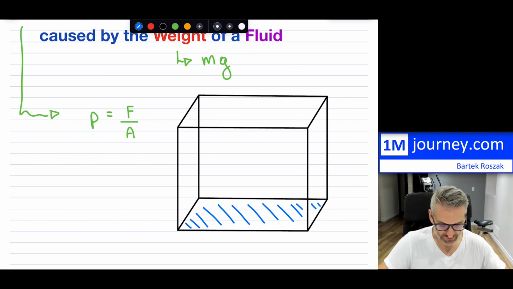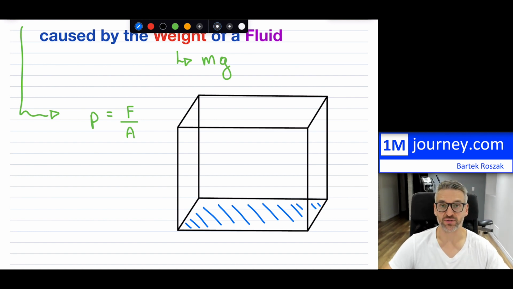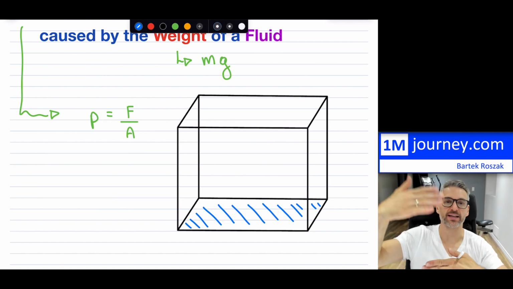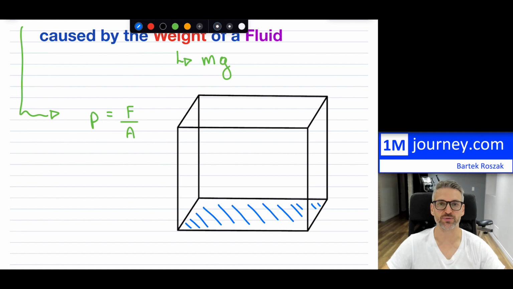If we knew the mass, then we can just multiply it by g, by gravity, and we would obtain the weight. Then we can find out what the area is, and since this object is sitting on that area, we can take the weight divided by the area, and we would find the answer.